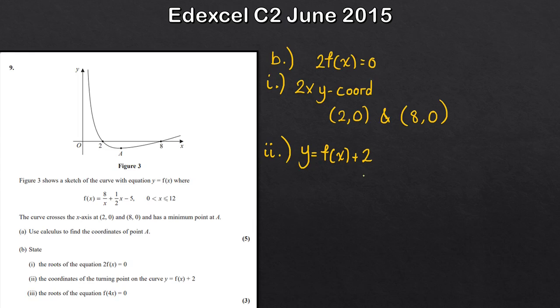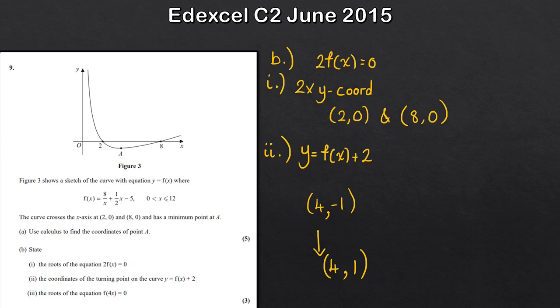If it's outside, then it's affecting the y coordinates. The original turning point was (4, -1). So if we add 2 to the y coordinate, we get (4, 1).